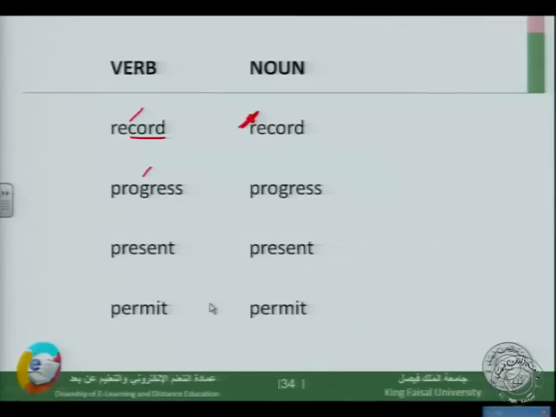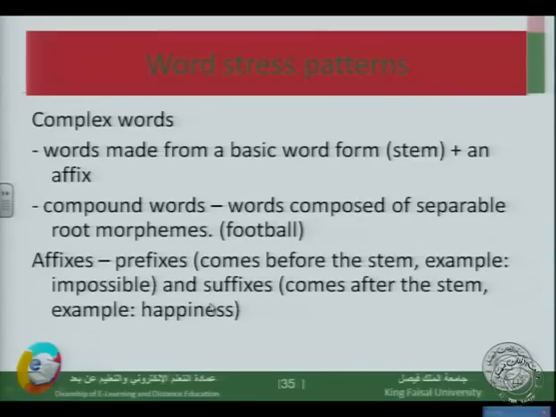Progress, it is a verb. Present, permit. Did you notice the difference now? We call these homographs. They have the same shape but different pronunciation.